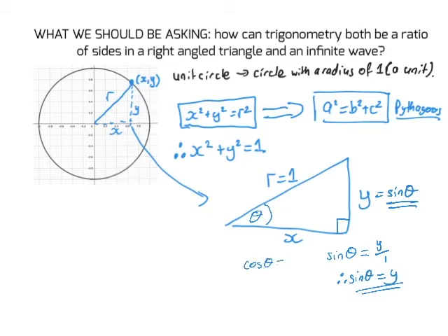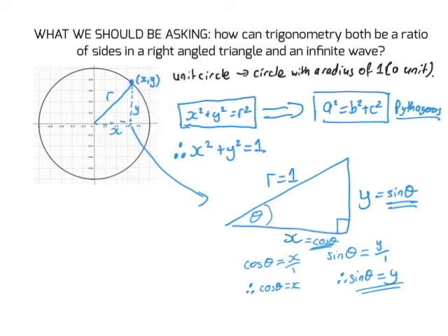Cos theta is adjacent, which is x over hypotenuse. So we can say that cos theta is equal to x. So we get x is equal to cos theta. So now we have a right angle triangle with one side being cos theta, one side being sine theta, one being 1. Now, x and y are any point on this circle.